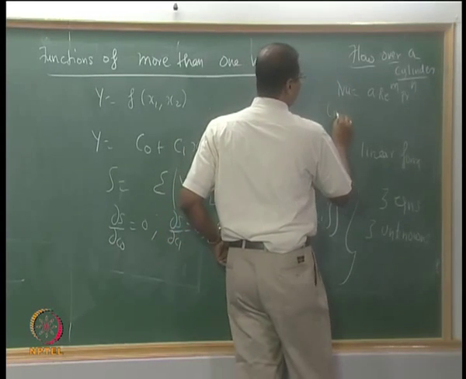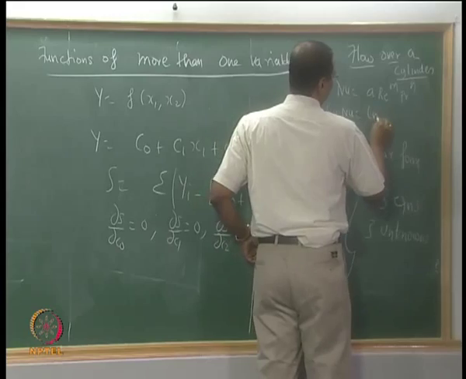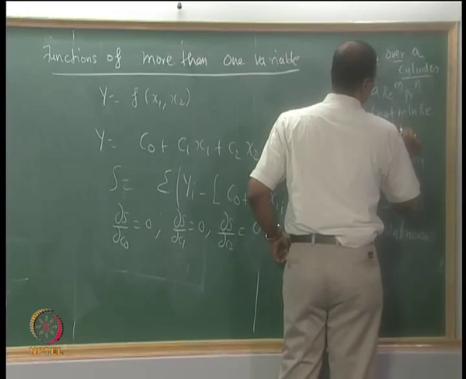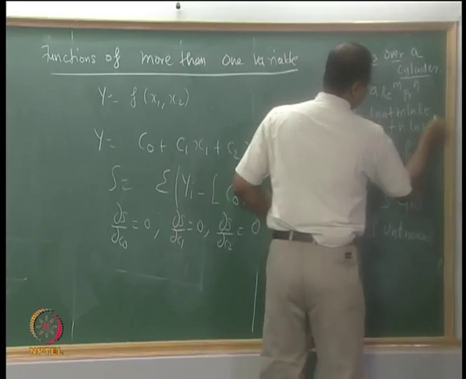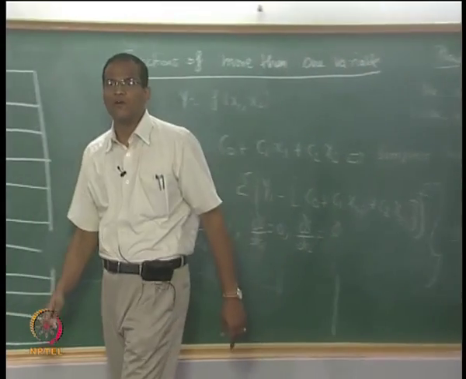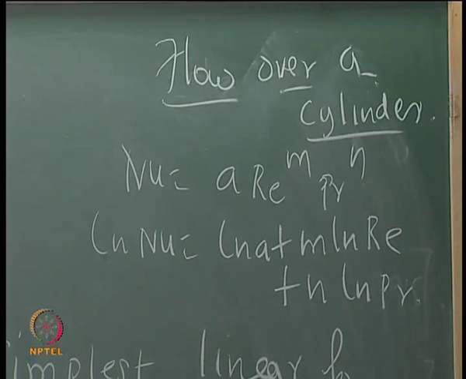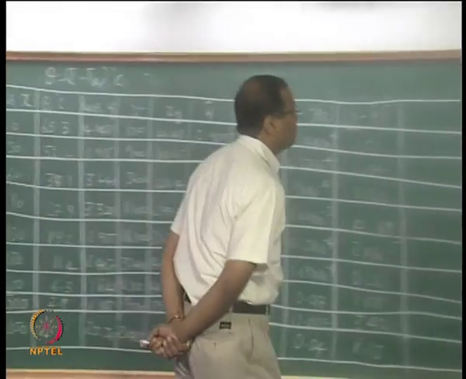So if you take ln Nu, is it a linear form? Y is equal to C naught plus C1 x1 plus C2 x2, where x1 is Reynolds number, x2 is the Prandtl number. Like that, there are several systems in heat transfer in thermal engineering where this power law form can be reduced to the linear form.